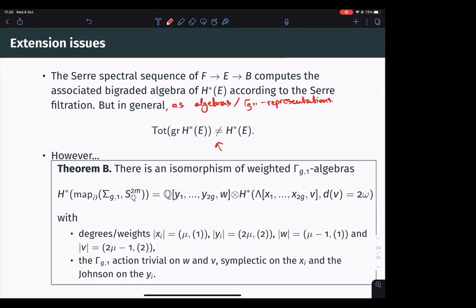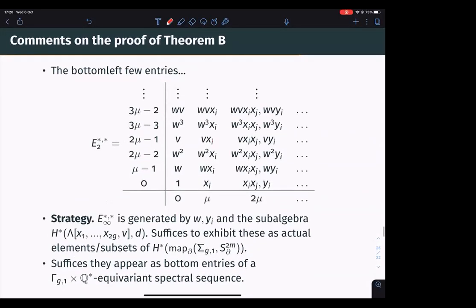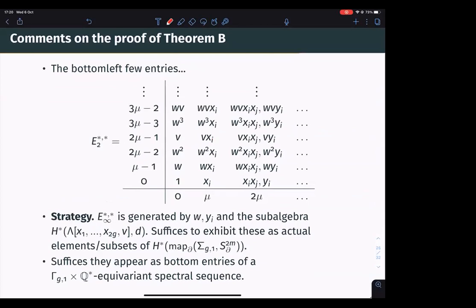Okay, briefly, why this is true. I've drawn here some stuff. Essentially, these are the bottom entries, let's say. We've got the W's and V's there, we've got the Xi's, Yi's there, and then they just have products in the other region.